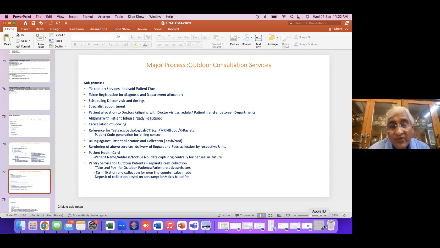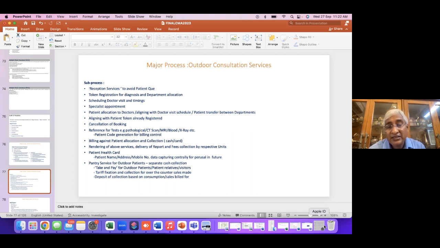So when the token is registered, in the microphone, if it's a common waiting place for the patients, it should be announced in such a way that the person holding a particular token can visit the doctor without any difficulty at the point of time when he is called for. Then the billing against patient allocation and collection, again, can be through cash, credit card, or debit card.